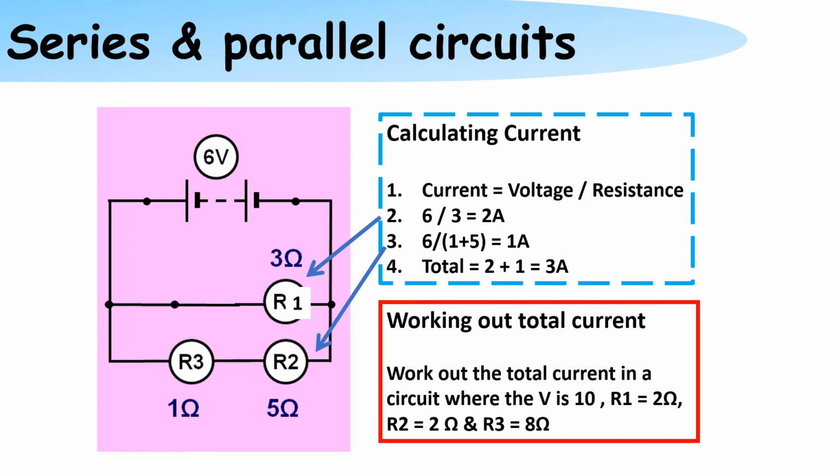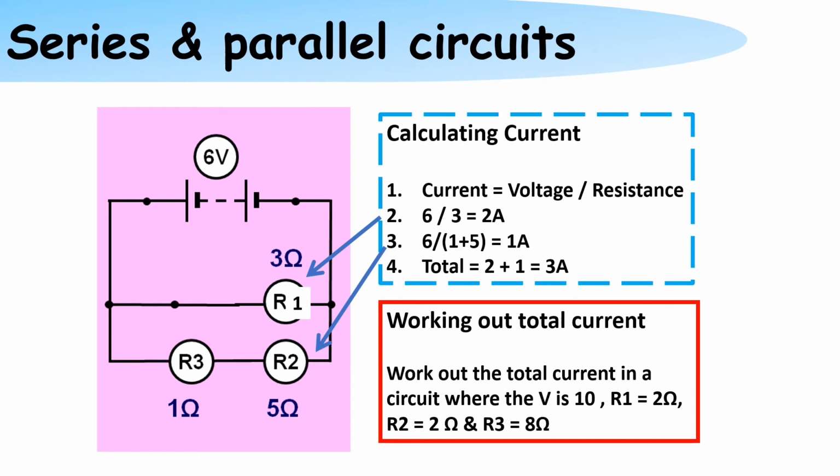So we're going to have along the second arm 6 divided by 1 plus 5, because 6 is the amount of voltage, and the total resistance along that single arm is 1 ohm plus 5 ohms.